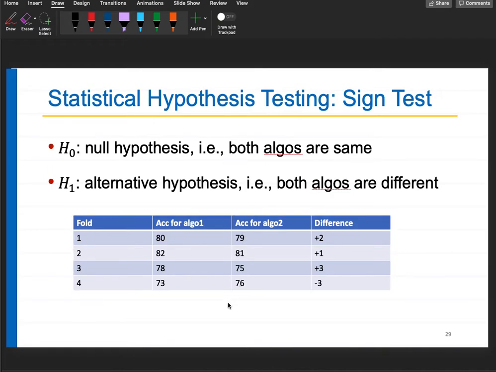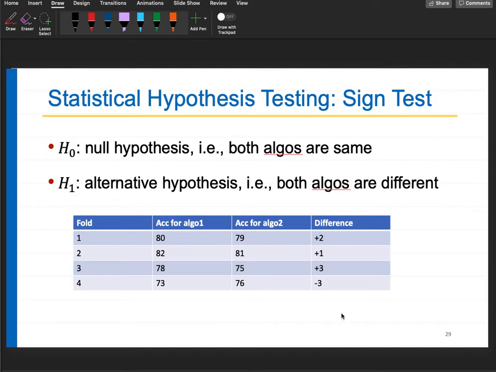So how do I find the statistical significance or the p-value? In the sign test, I compute the difference: accuracy of algorithm 1 minus accuracy of algorithm 2. Here it is plus 2, right? Here it is plus 1, plus 3, minus 3.